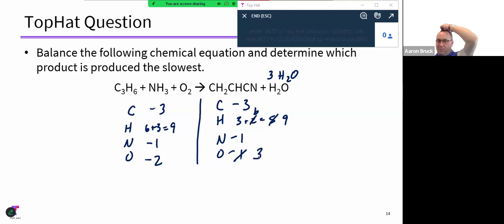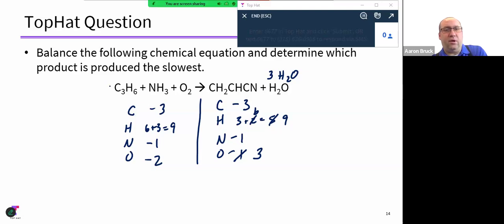Now that would pose a problem for the oxygen as well, because now we have oxygen in even and odd. If you remember back to 105, what we do in this situation, the easiest thing to do is double everything.